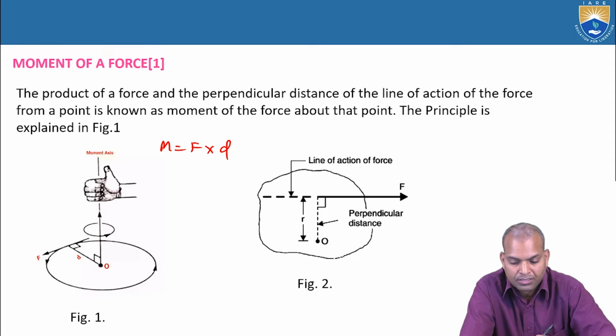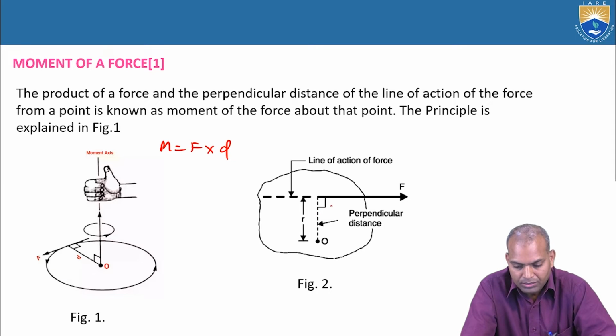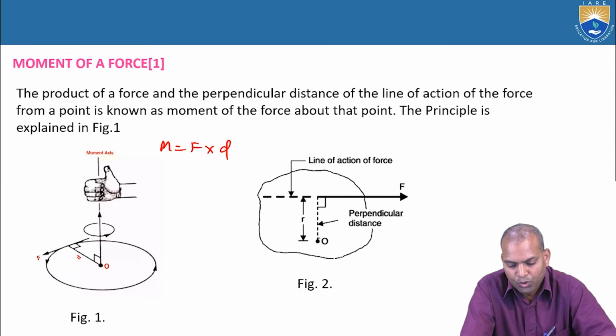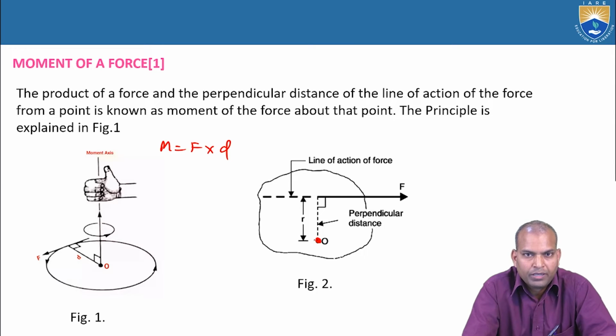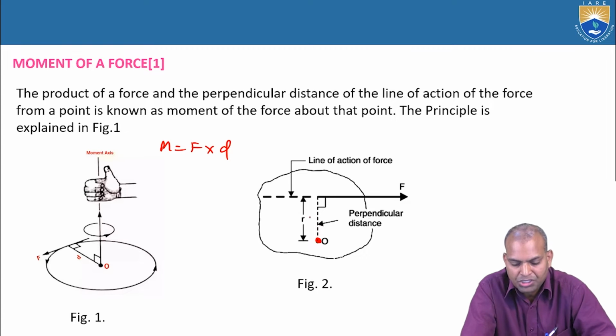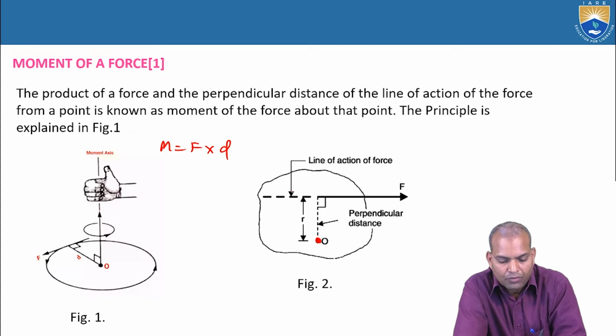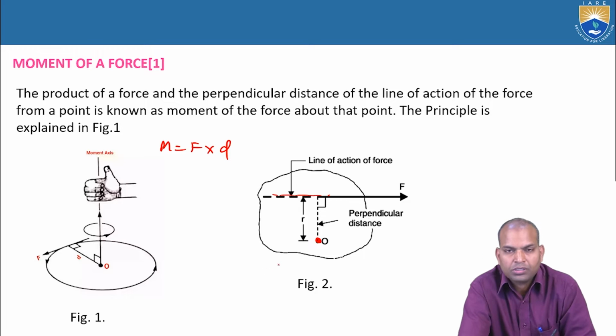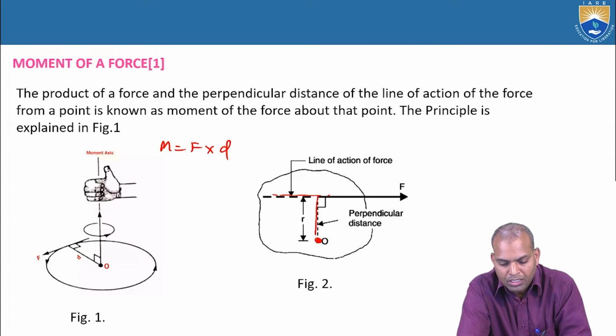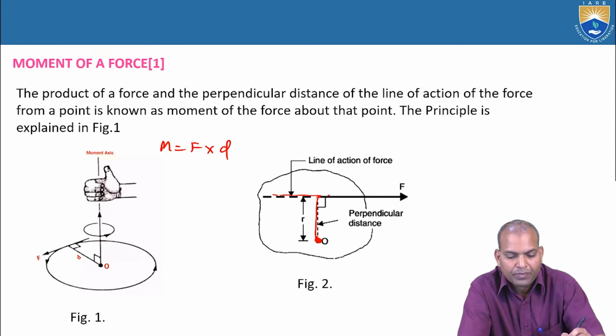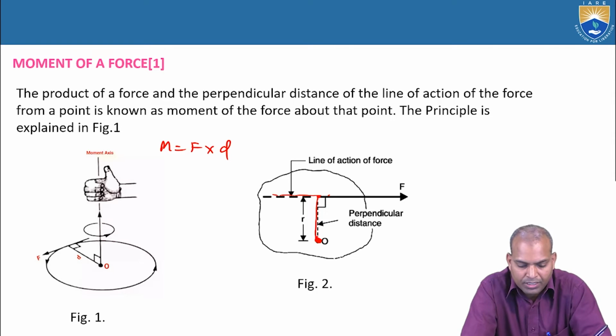Now, what is the moment of a force about the point O? It is the product of the force and the perpendicular distance of the line of action of the force from a point, and that is known as the moment of the force about that point.